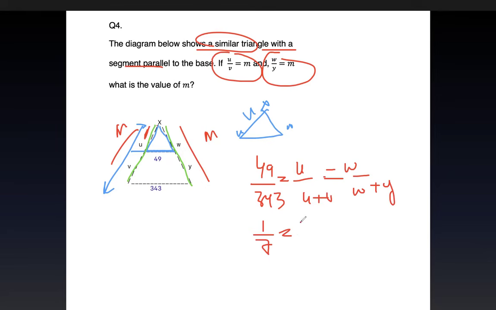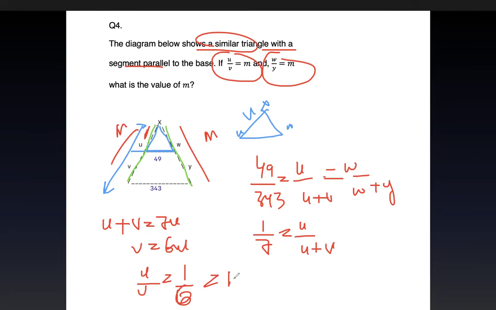I will just take one side, U over U plus V. Right? And when you solve it, you get U plus V is equal to 7U. That means V is 6U. U over V is 1 over 6, which is the same thing as M. Therefore, M that they want you to find is 1 over 6.